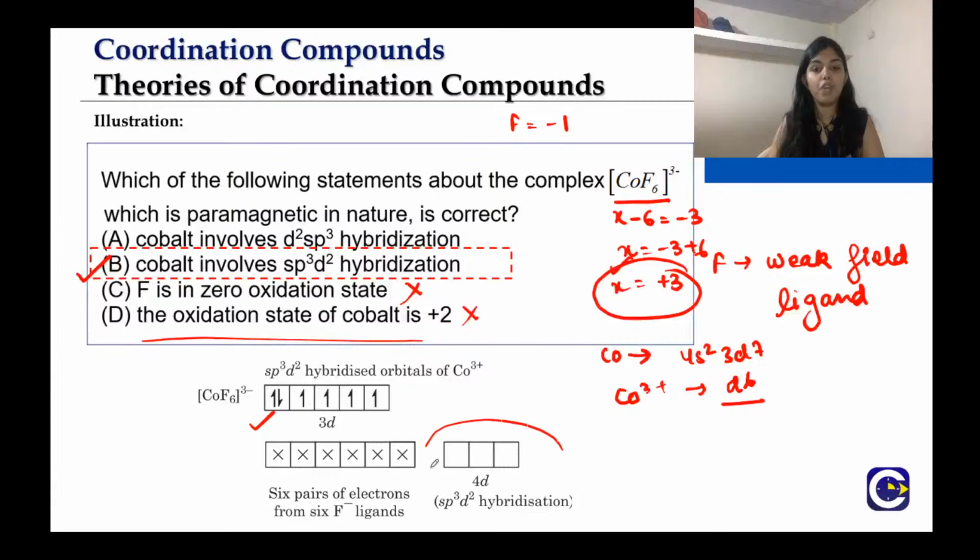So we will use 4d for hybridization. And therefore, the hybridization will come out to be sp3d2. It is the outer orbital complex. So you both are correct with your answers. Good. Yes, Arun, Siya Lakshmi, you are also correct with your answers.